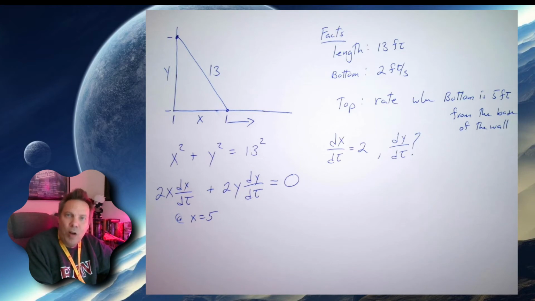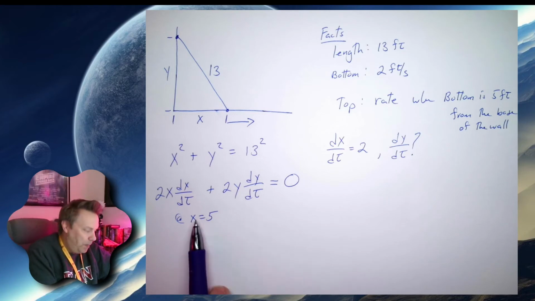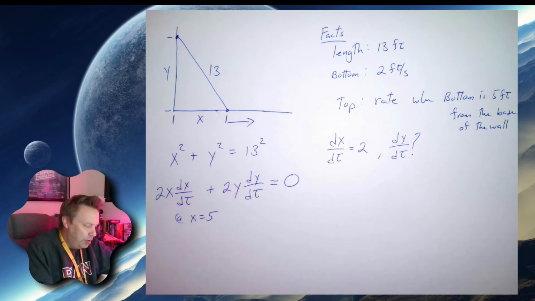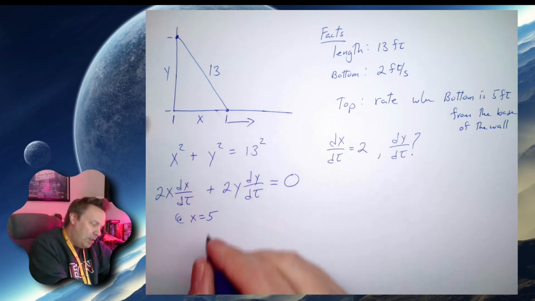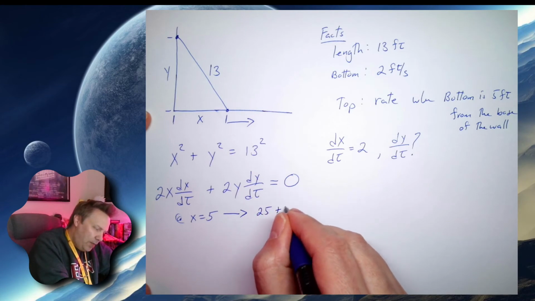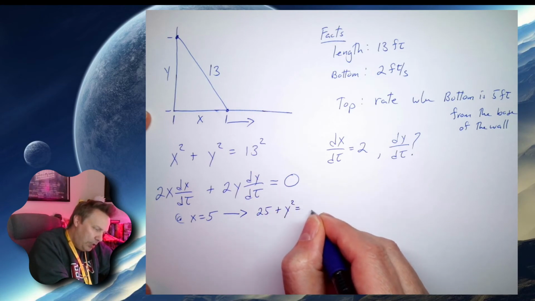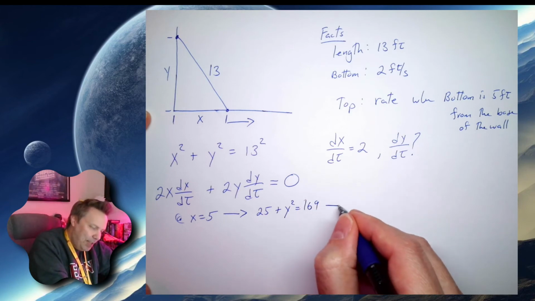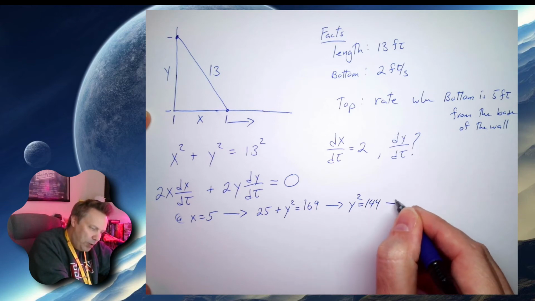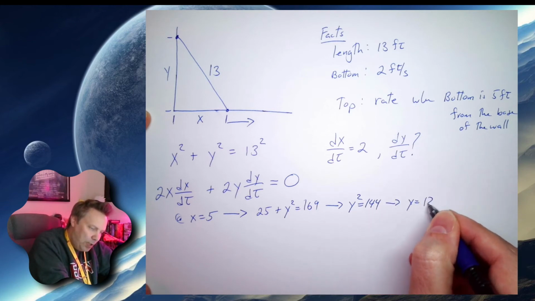are we able to figure out y? 25 plus what squared is equal to 13 squared? 25 plus y squared is equal to 169. This tells me that y squared is equal to 144, which tells me that y is equal to 12.